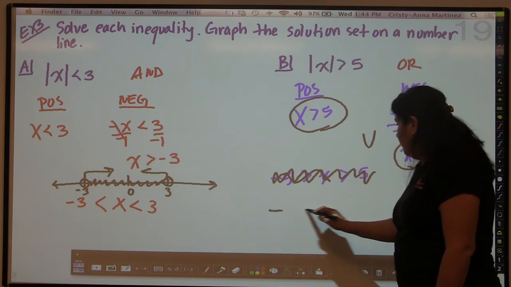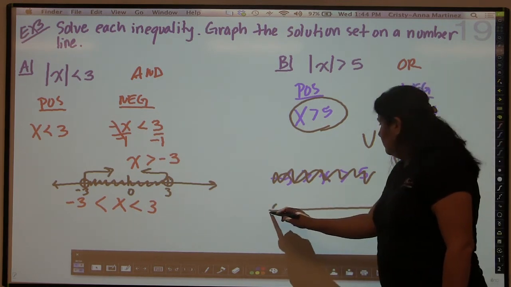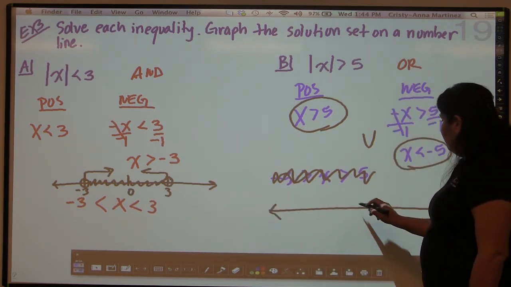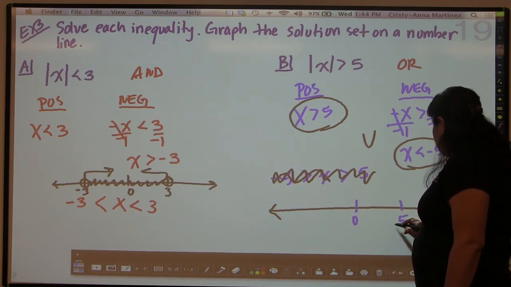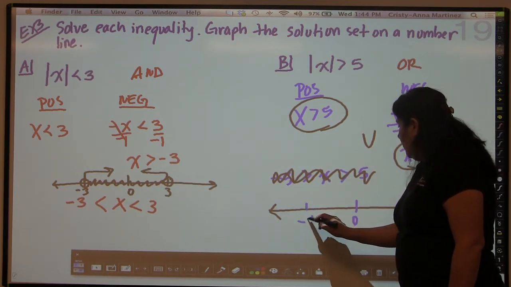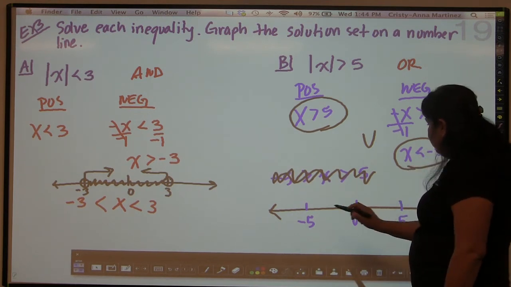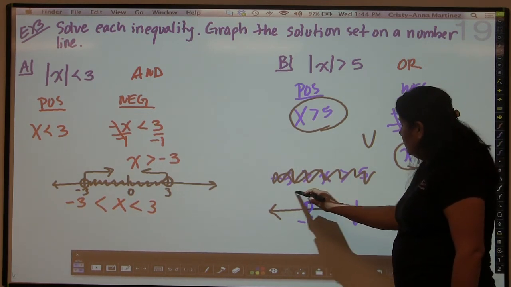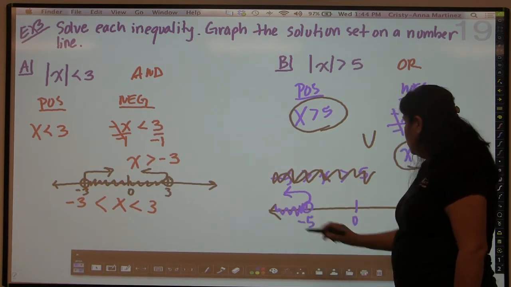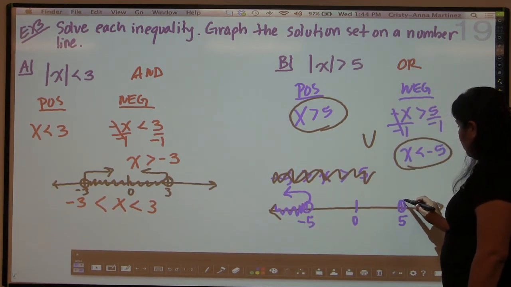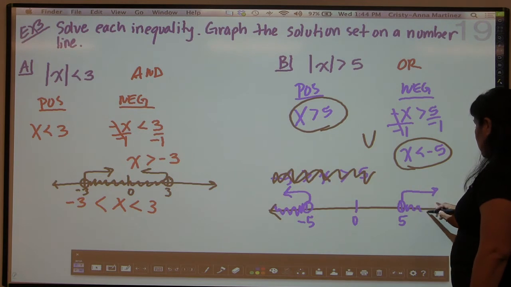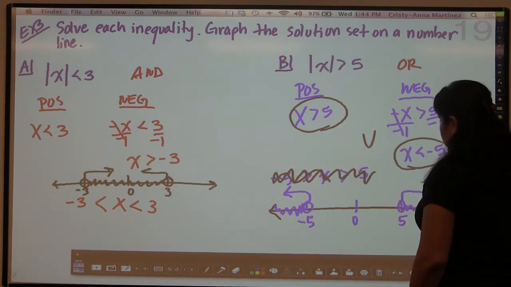And when you graph that on the number line, you're going to have a 0, a +5, a -5. And so less than -5 would be open dot this direction. Over here we're going to have open dot greater than 5 is this direction. And again, the graphs are going away from each other.